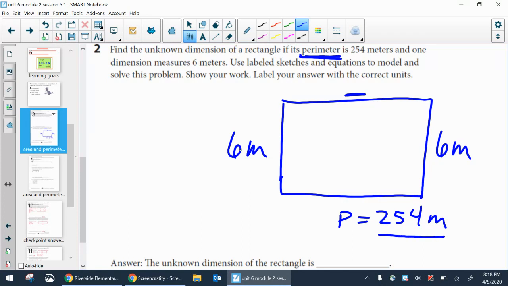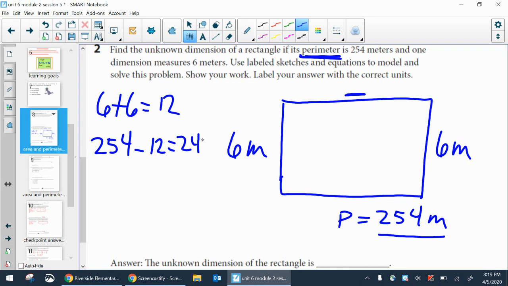So what I'm going to do is take my 2 6s, add them together, double them if you will, and get up to 12. So from there, I can take my 254 and subtract 12, which will be 242. So now I know that these 2 dimensions need to equal together 242.